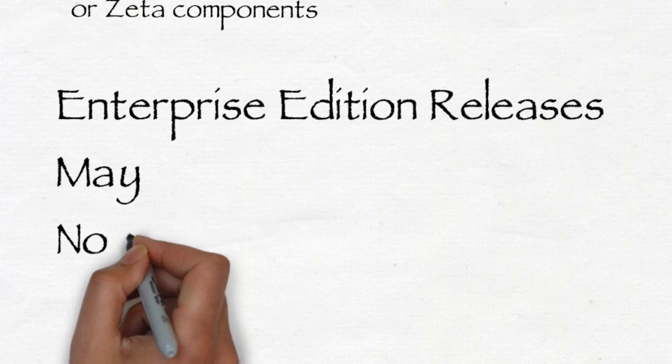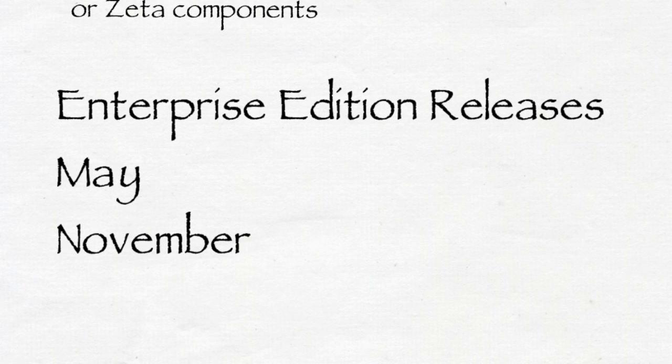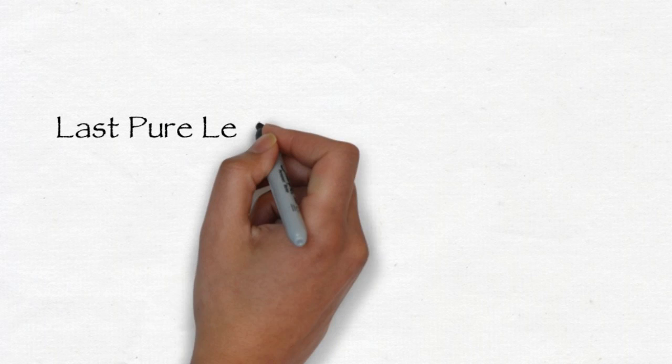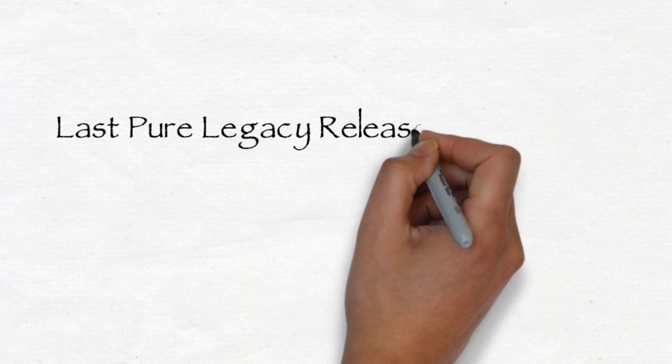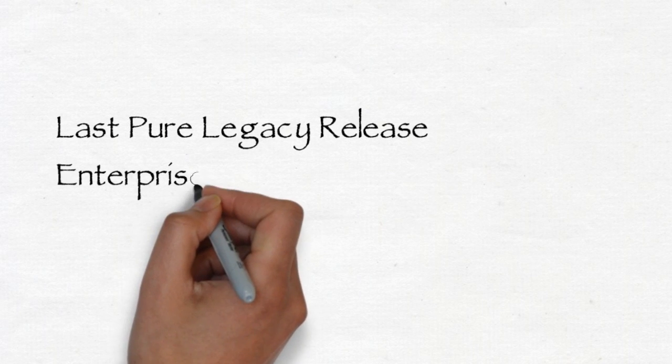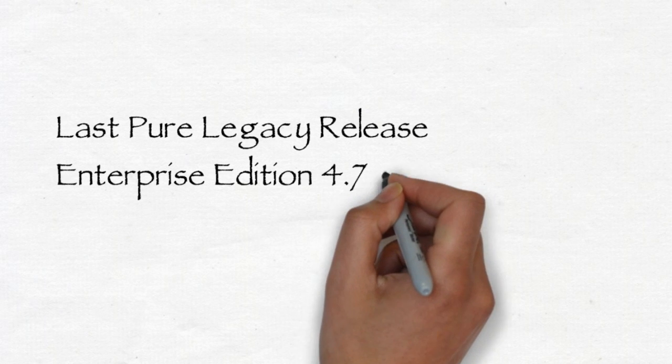Over the last few years, Easy Publish has made it a practice to release major enterprise editions of their software in May and November of each year. This makes it simpler for us to identify community project versions that coincide with these releases. The last release of the pure legacy version of Easy Publish occurred in May of 2012.